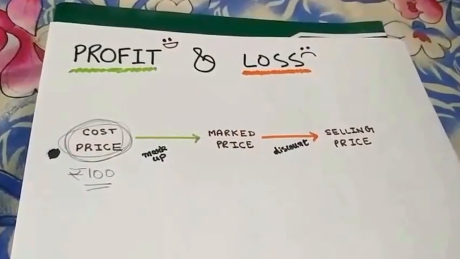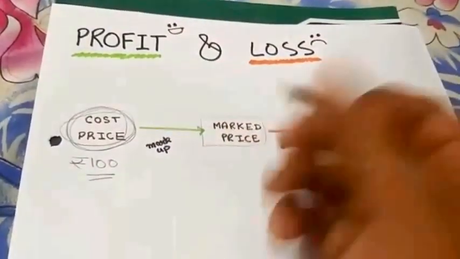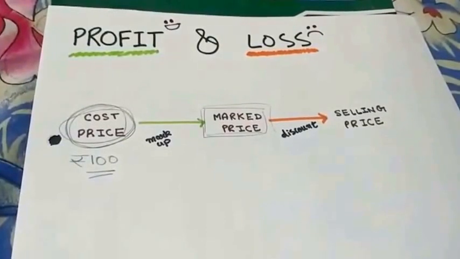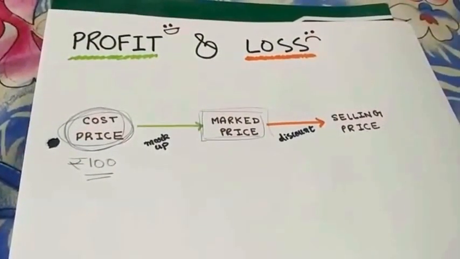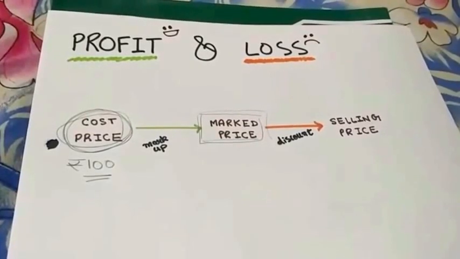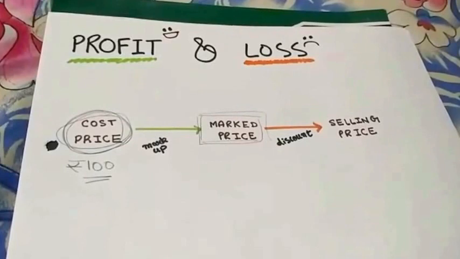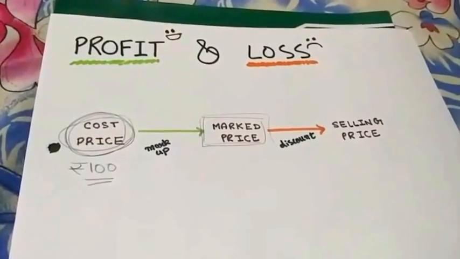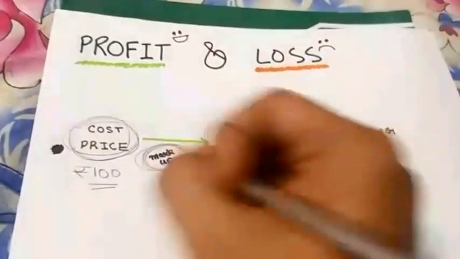From there we move on to the mark price. If the seller has invested 100 rupees, he wouldn't want to sell it at 100 rupees only. He would want to earn some money out of it, so he would mark up the price.